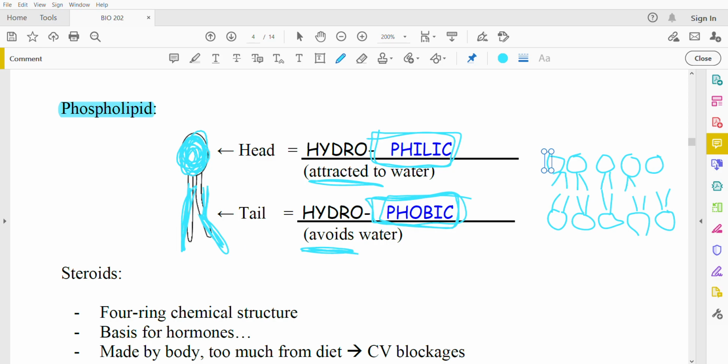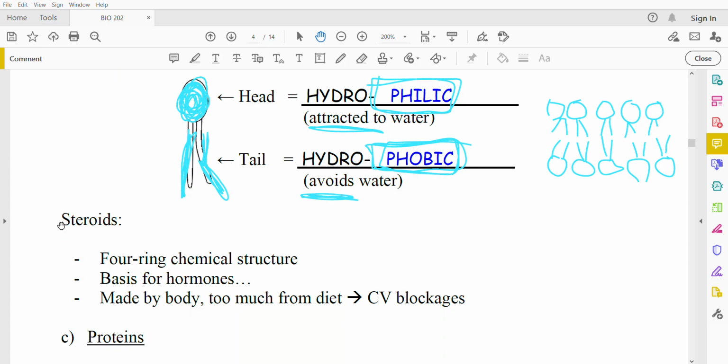So none of the tails have to be exposed to the water in this way. This is something that spontaneously happens in nature. We don't really need to worry about it. It's just a characteristic of how phospholipids behave in water. Their heads face outside from the double layer because most of our body is water, and tails face inside, facing towards other tails, so they don't get exposed to the water at all.